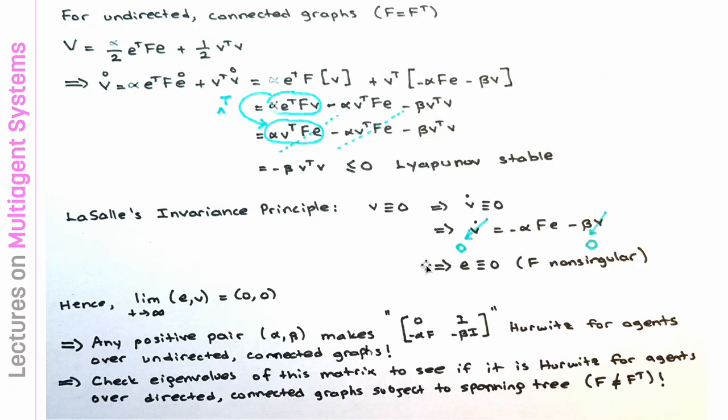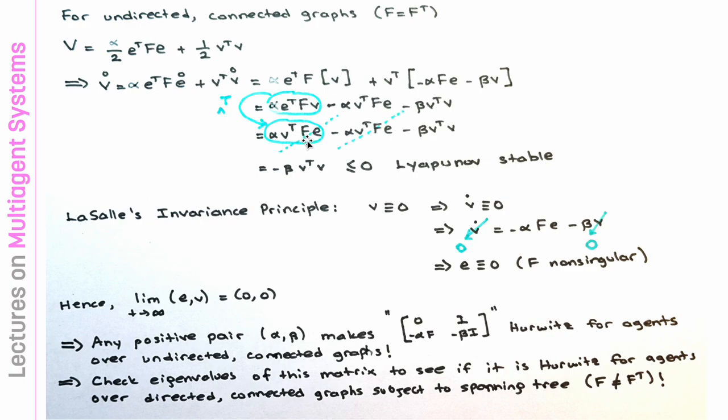What this analysis shows you is that alpha needs to be positive, and for the sake of this result, beta needs to be positive. For any such alpha and beta, this matrix must become Hurwitz for agents over undirected and connected graphs, because this analysis holds for any positive value of alpha and beta.